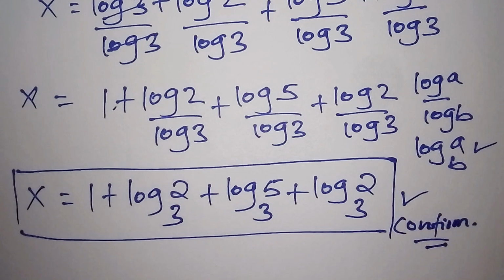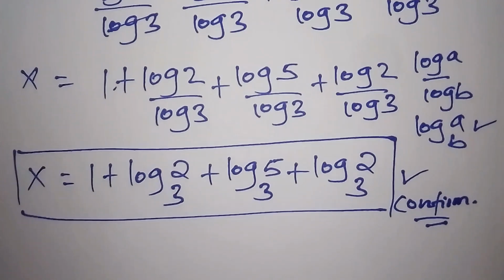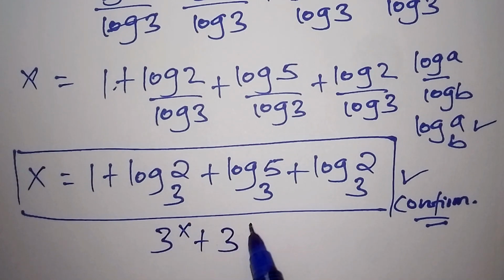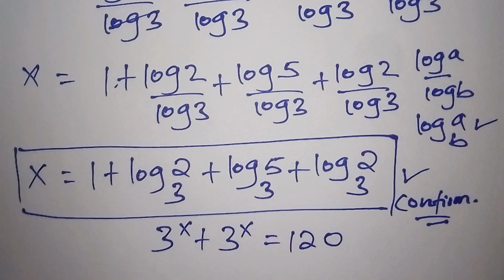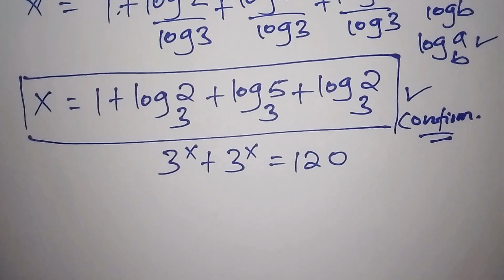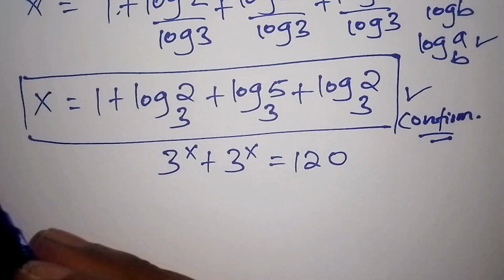Our maths problem was 3 to the power of x, then plus 3 to the power of x, is equal to 120. So in this case, instead of writing the value for x, we shall write the answer that we got.